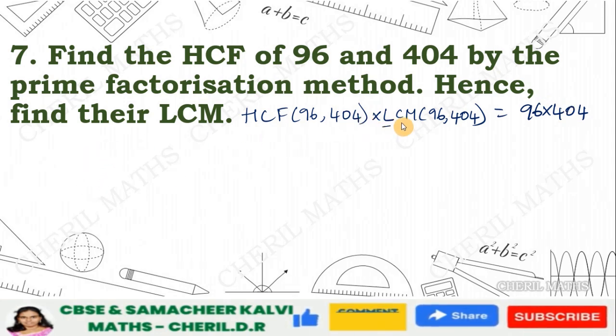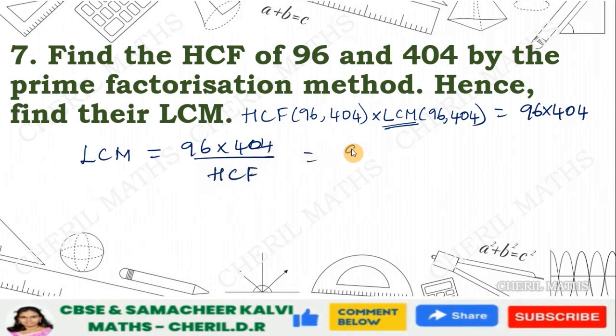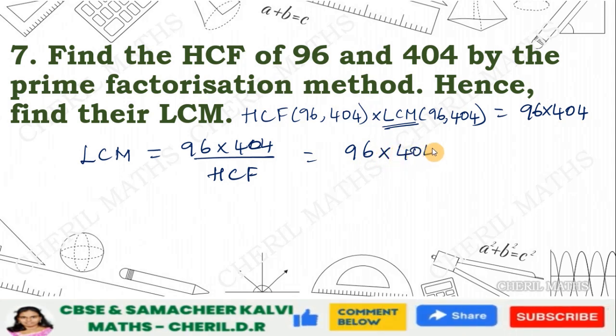So now we need to find the LCM. The LCM will be 96 into 404 divided by the HCF, which is 4.